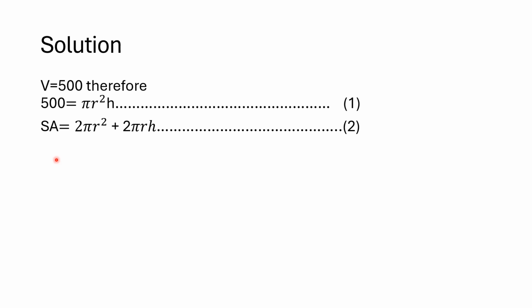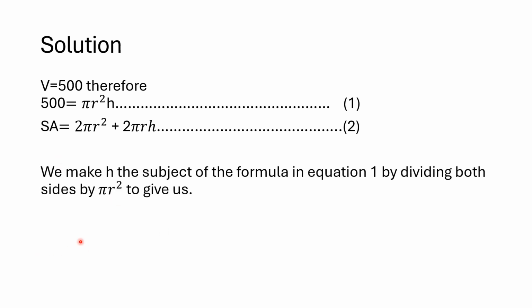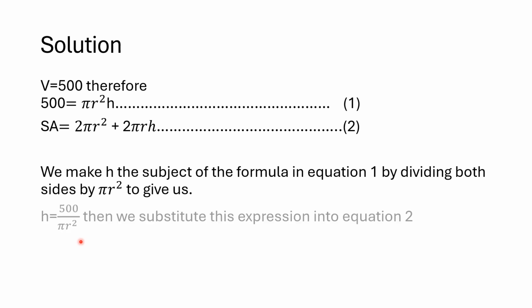Okay, so moving on. We make h the subject of the formula for equation 1 by dividing both sides by pi r squared, and this then gives us h is equal to 500 over pi r squared. Then we substitute that expression into equation 2.